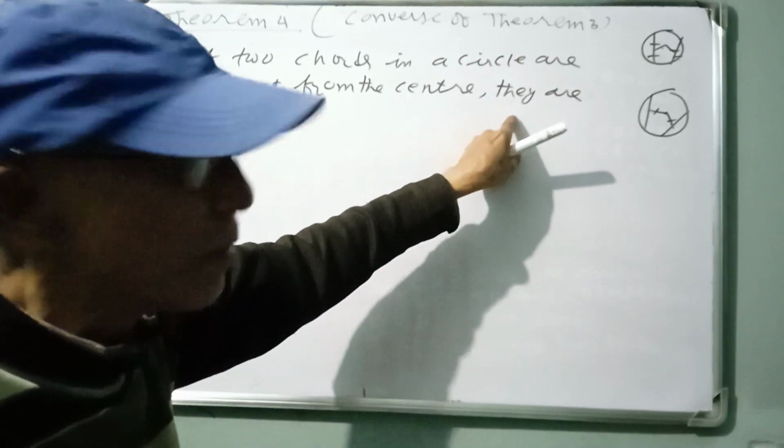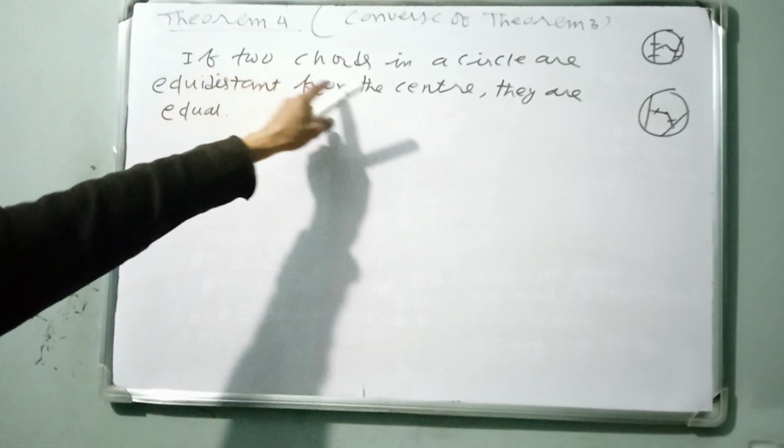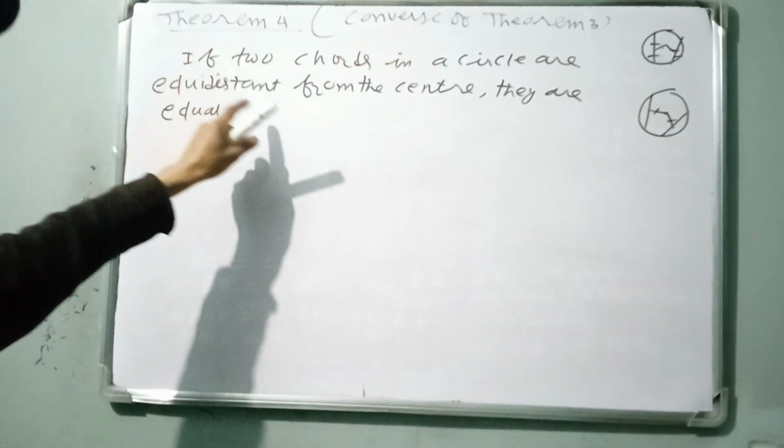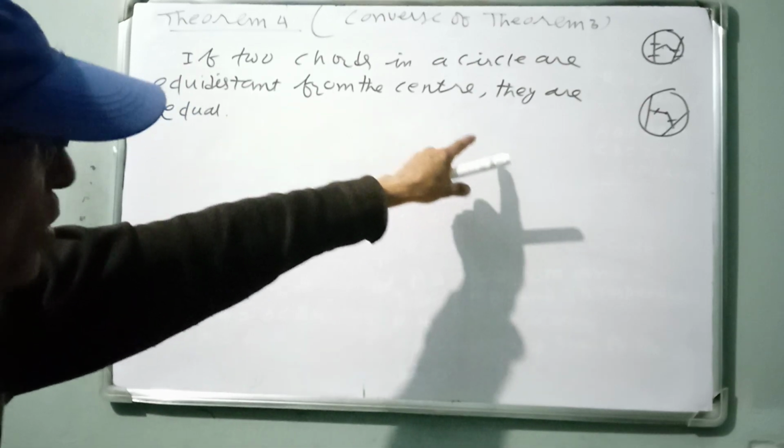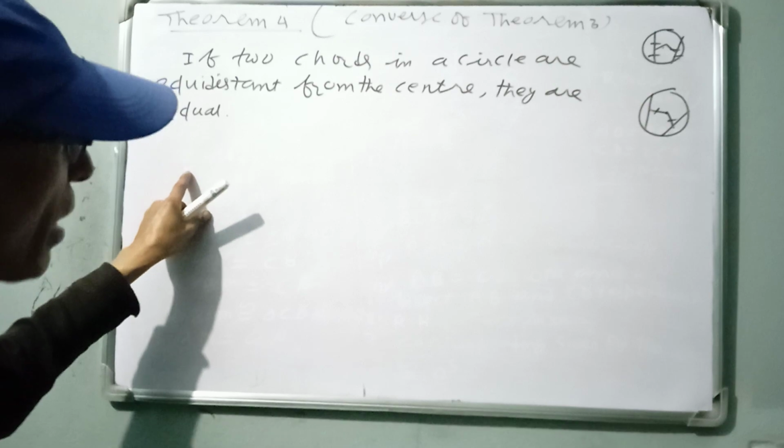What do you mean by they? Here they means chords. If two chords in a circle are equidistant from the center of the circle, then the two chords are equal.